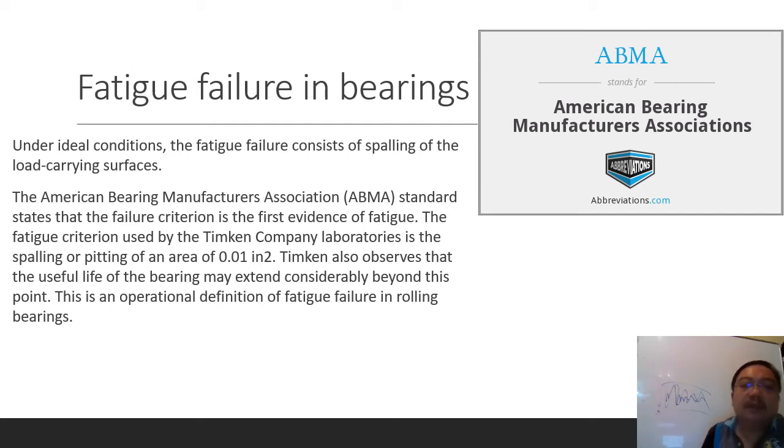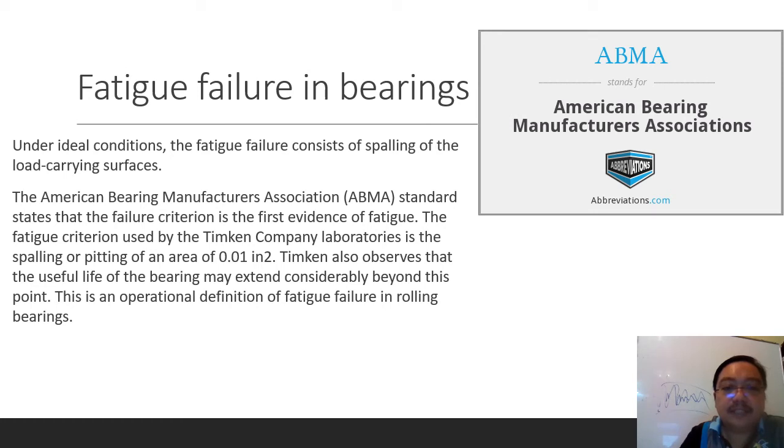Under ideal conditions, fatigue failure consists of spalling of load carrying surfaces, meaning that if you put overload, suppose the bearing can carry a certain amount of load, you put overload, it becomes failure. It becomes fatigue failure. And then the spalling: it becomes overloaded, then with rotational speed, some part of it comes out accidentally. This is called spalling.